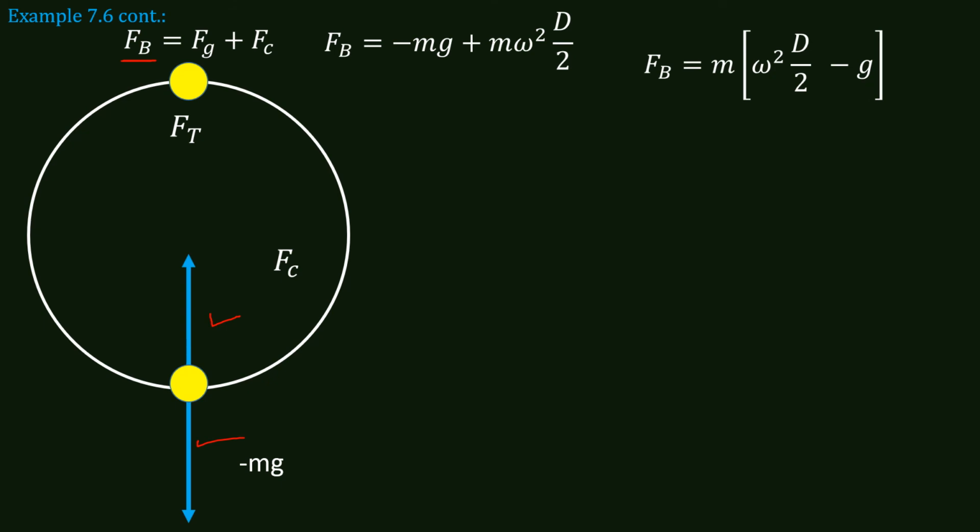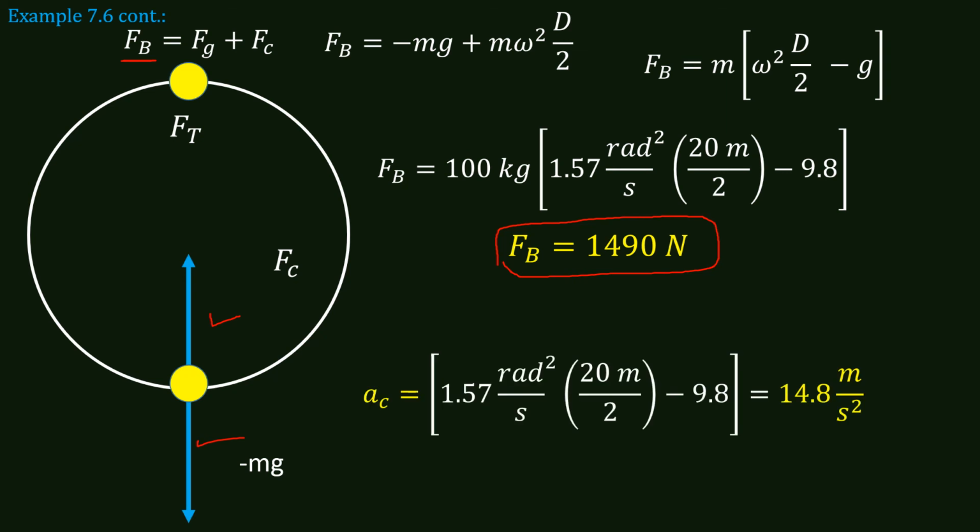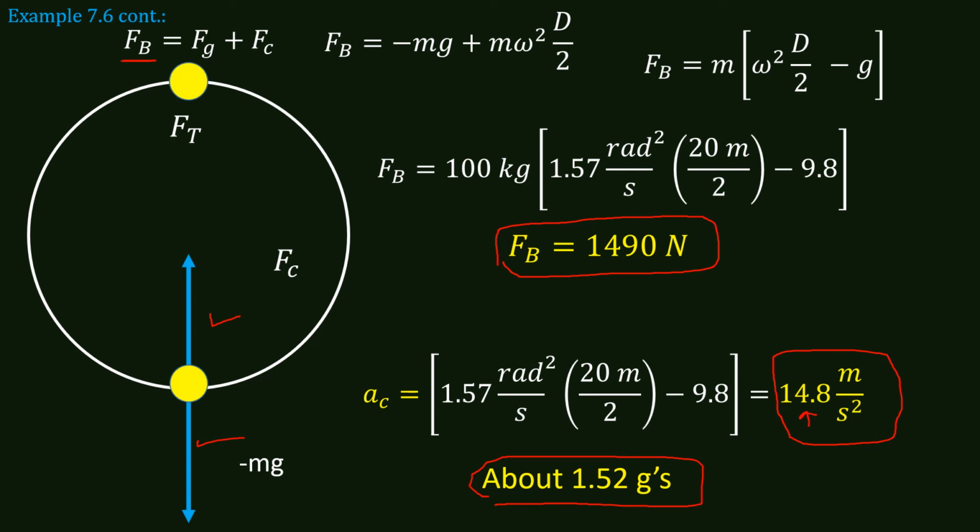And then we use algebra and we get this equation, plug in the values, and we find the force at the bottom is 1,490 newtons. And the centripetal acceleration is 14.8 meters per second squared. And that is about 1.52 Gs. If you take 9.8 divided into 14.8, you get 1.52 Gs.